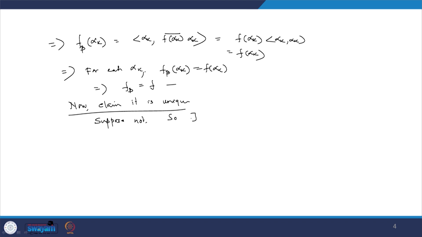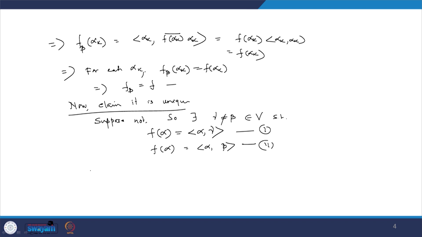So, there exists say gamma, not equal to beta, belonging to V such that f of alpha equal to inner product of alpha and gamma. Now, f of alpha is also equal to inner product of alpha and beta. So, 1 and 2 imply inner product of alpha and gamma equal to inner product of alpha and beta.